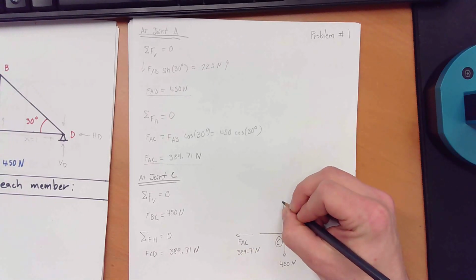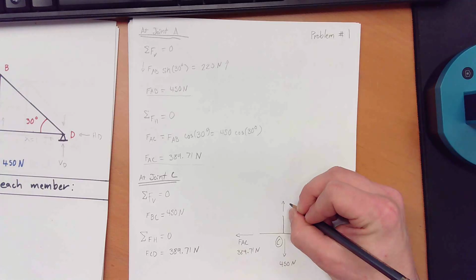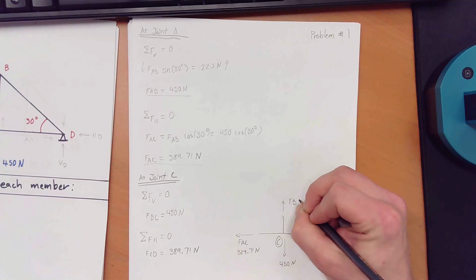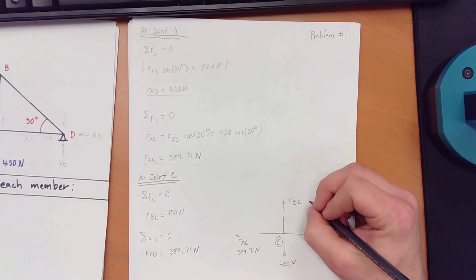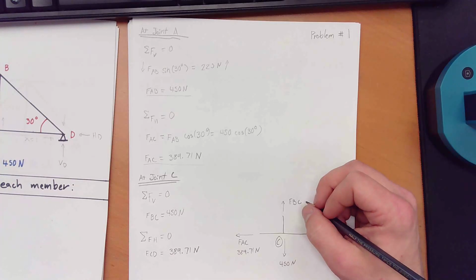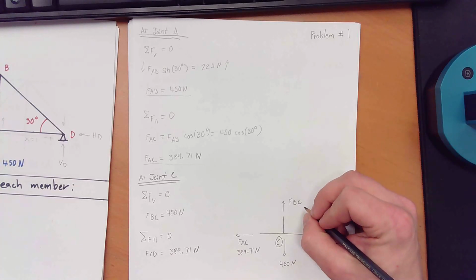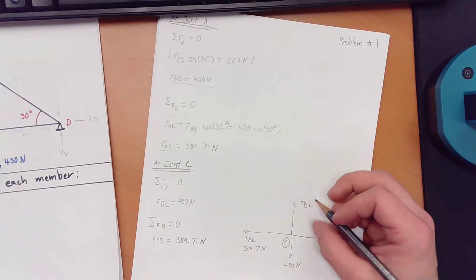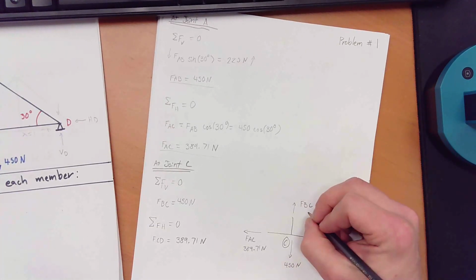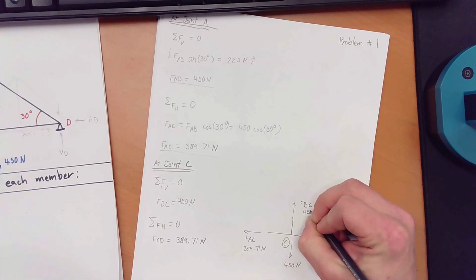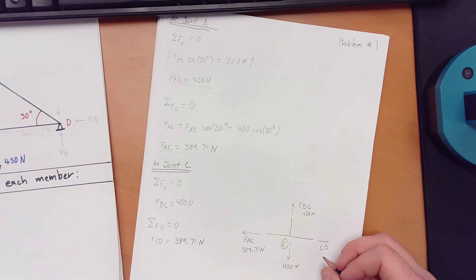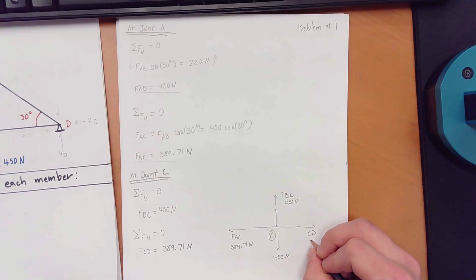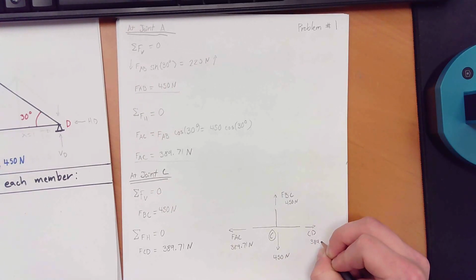And then in this direction, we have FBC, which we know that to be 450, yes, I wrote it down over here, 450 newtons, because we've got to have an equal and opposite reaction, 450 newtons. CD is 389.71 newtons.